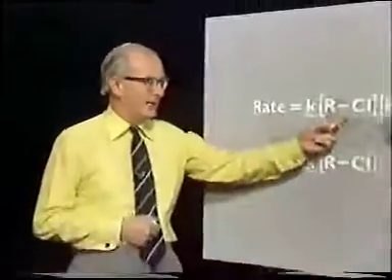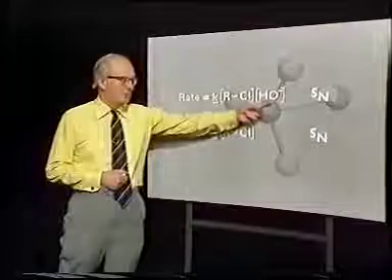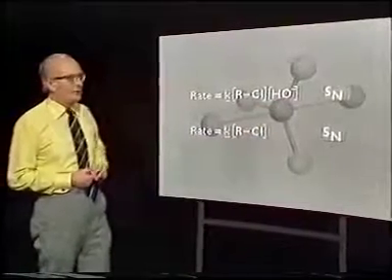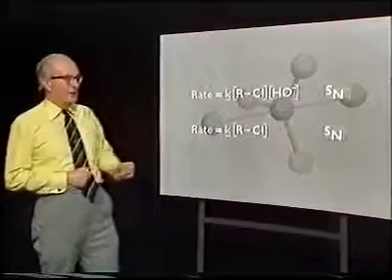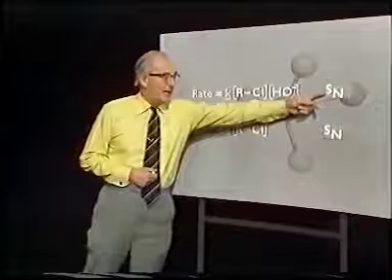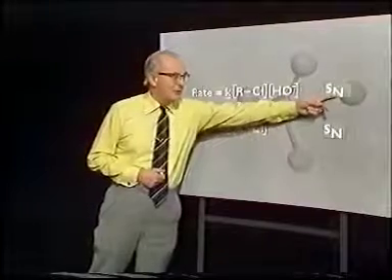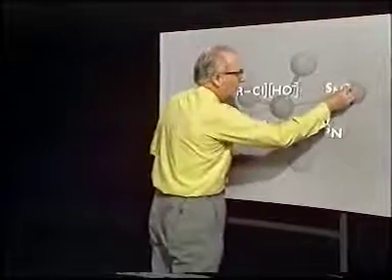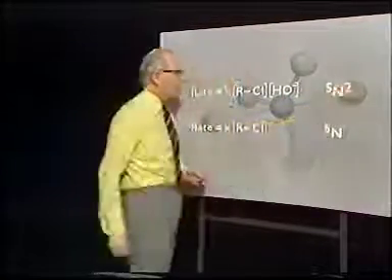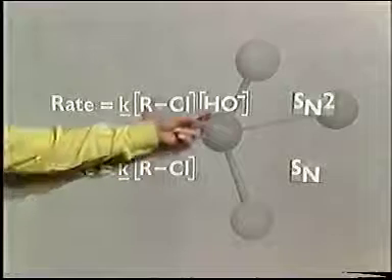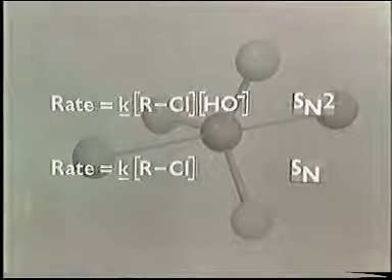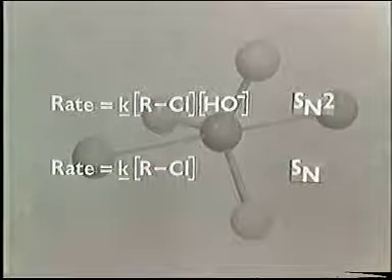It was one step that involved both species, both the halide and the OH minus, in the vital step of the reaction. So we call this reaction, or this pathway, SN2, substitution nucleophilic 2, and the 2 indicates that both species, both the halide and the OH minus, are involved in the vital step.